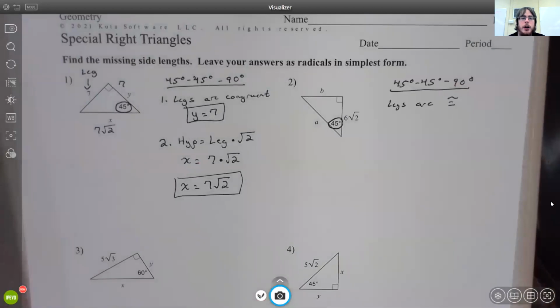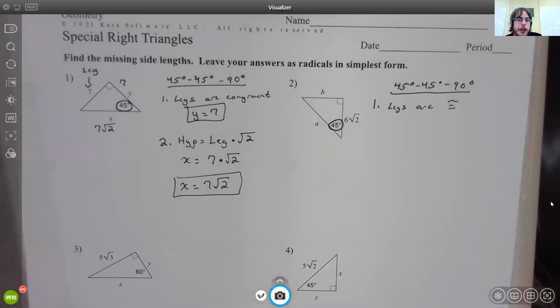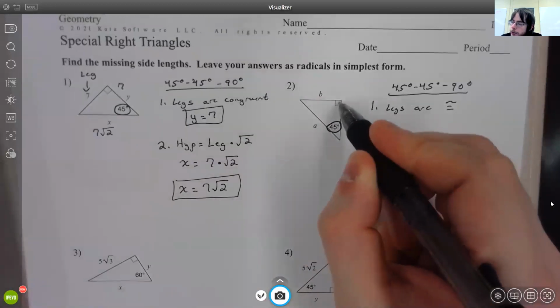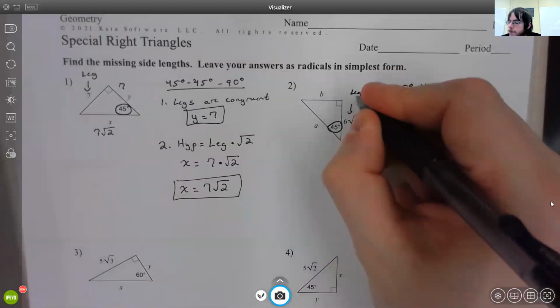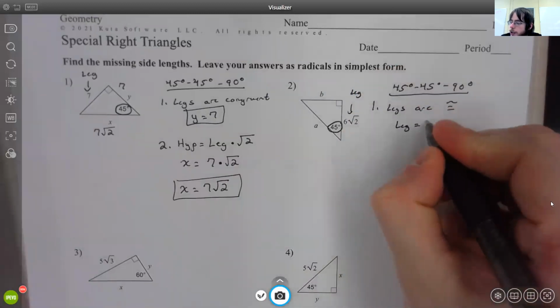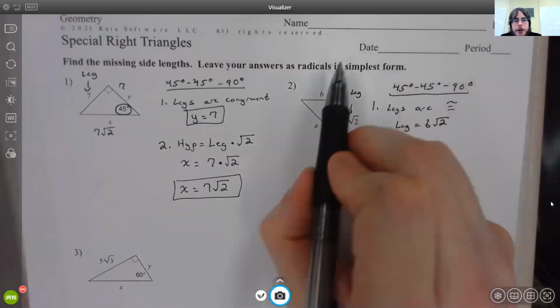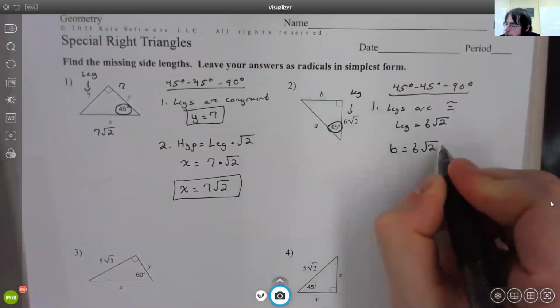Do you already know a leg here, or do you only know your hypotenuse? Well, your side labeled 6 root 2 is touching the right angle, so this is a leg. So our leg equals 6 root 2, and our other leg must be the exact same. So B is our other leg, which means that B must also be 6 root 2.